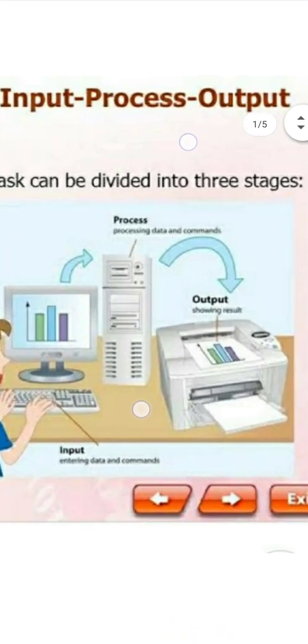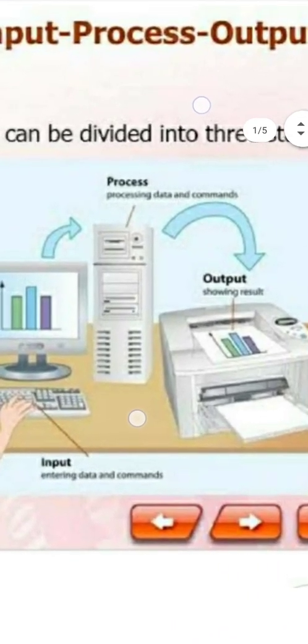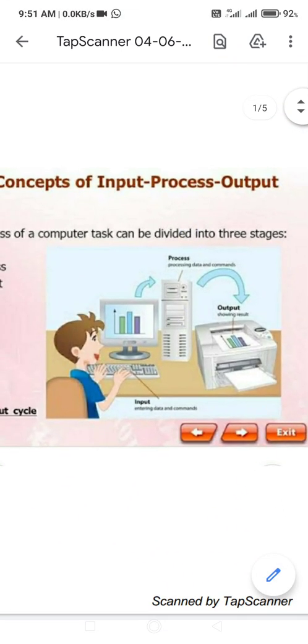That is known as the process, programming data and commands. Whatever instructions are given by the user, the CPU runs the programs on that, and that step is known as the process. And after processing, the printer gives the feedback. With the help of the printer, we take out the result of whatever input we gave to the monitor and was processed by the CPU.